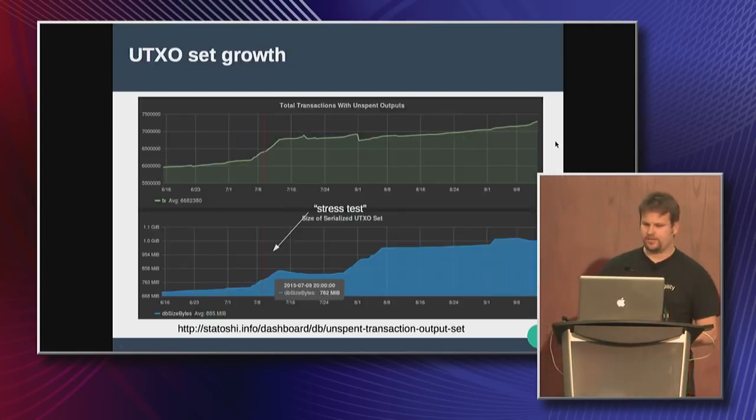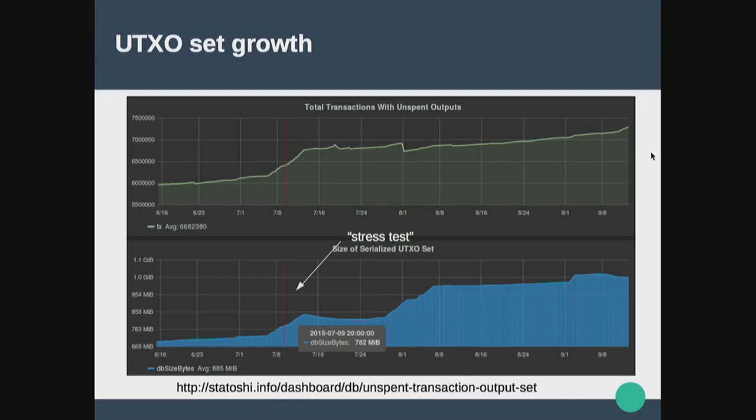Finally, we have UTXO set growth being greatly affected by user action. This is a graph of the last 3 months from Satoshi, and it illustrates a couple of different stress tests that have been run in the last couple of months.